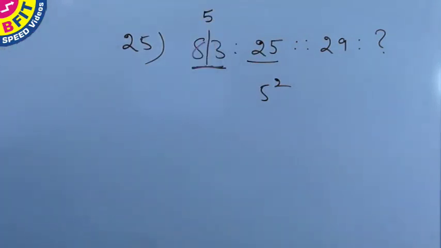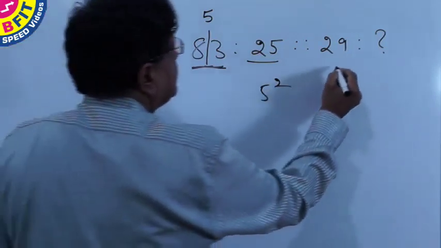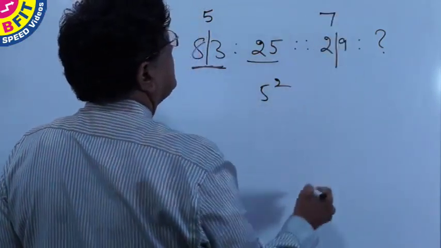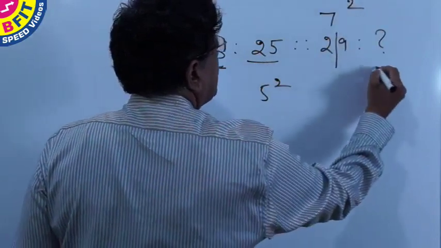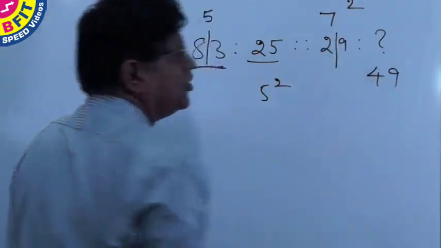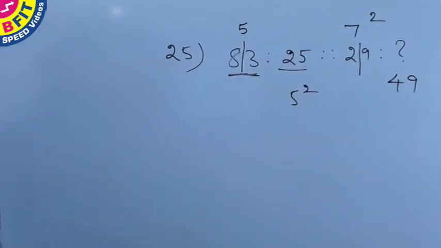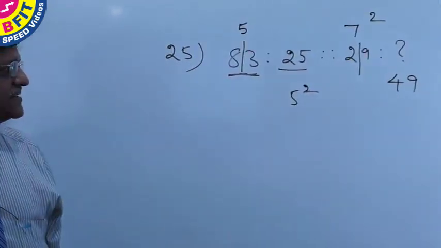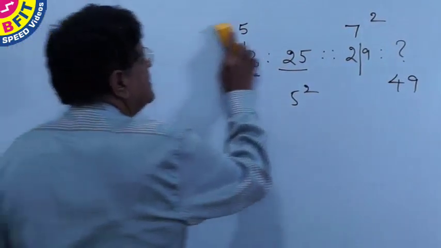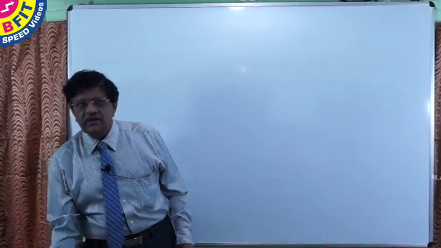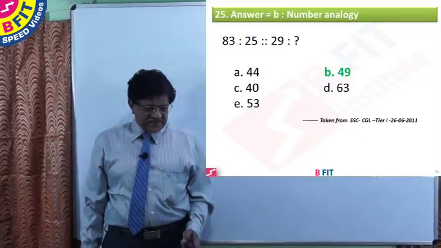Let us check. What is the difference between 2 and 9? It is 7. So 7 square must be 49. Do we have an answer? 49? Yes, we have an answer, 49. The correct answer is 49. Let us look at the options.